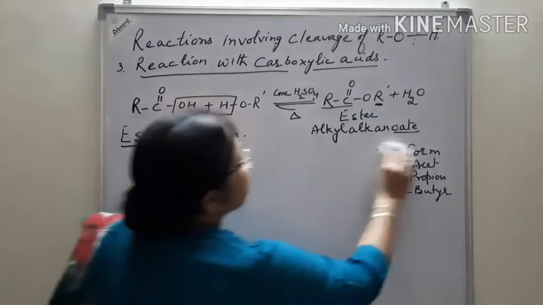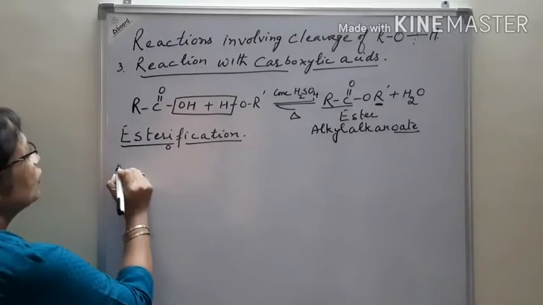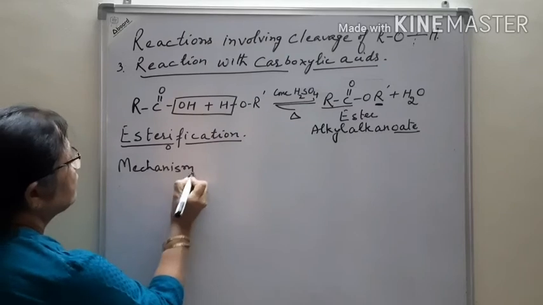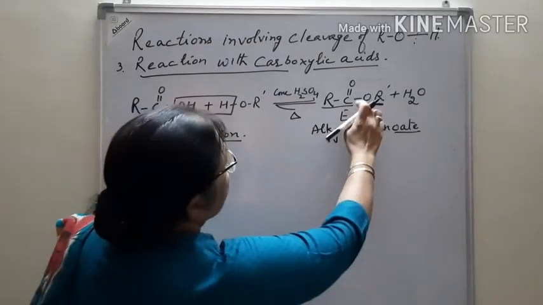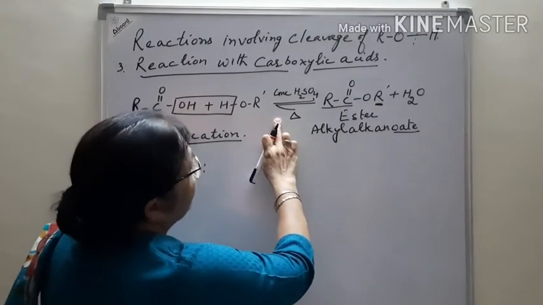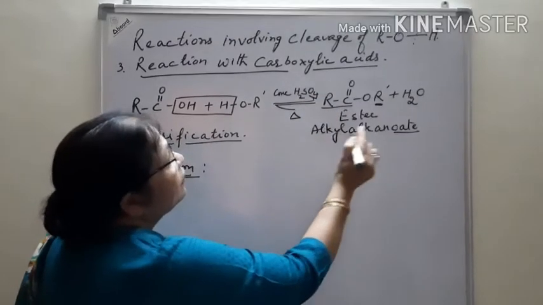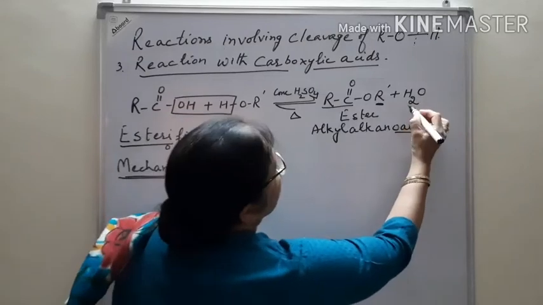Now we discuss the mechanism of esterification. This reaction is reversible, I have told already, so how will this reaction go forward? You have to remove one of the products, right?